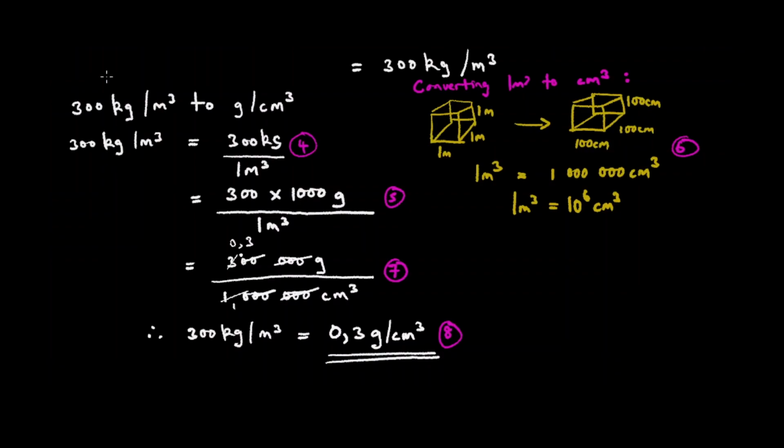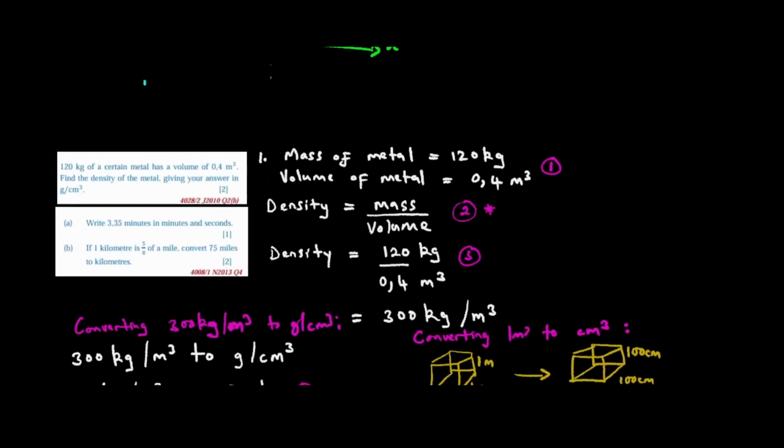Ipo pano manga mchigona kuti converting 300 kgs per cubic meter to grams per cubic centimeters mumaite yenyu working, kuitira kuti basa renyu rive as clear as possible, uye in the event maite a mistake and they need to apply method marking, they can easily allocate marks to you. So this is what was expected of us.